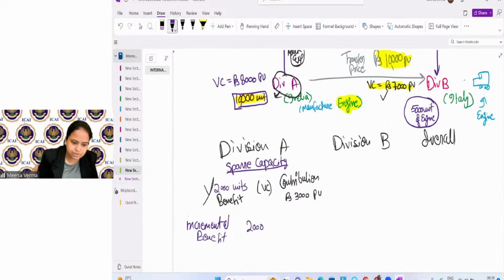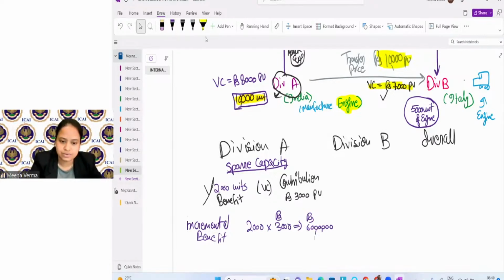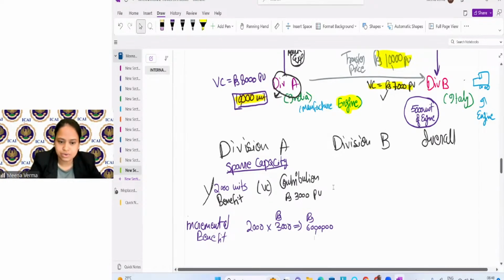On 2,000 units, this is the incremental benefit for the division.